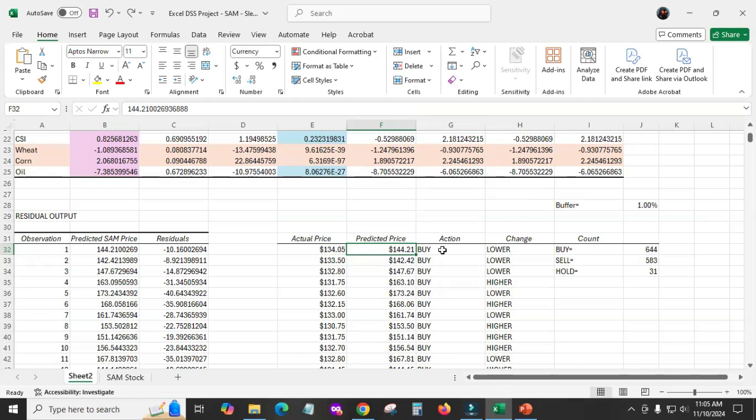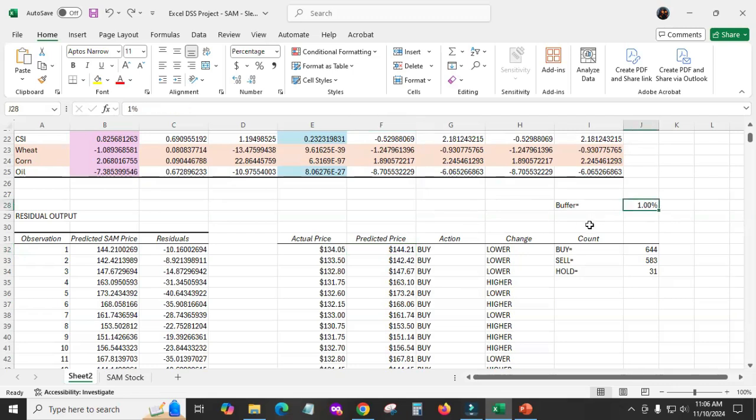Our instructions were to buy that stock because tomorrow, which is technically the next line, the actual price of 134 should rise to meet the predicted price. When we actually looked into that, we discovered that wasn't the case. We were instructed to buy, but the stock price went lower, and we get that from here. We can see that the stock price was 133.50 on the next trading day, July 5th of 2017, and we were told to buy, so we would have lost money there.